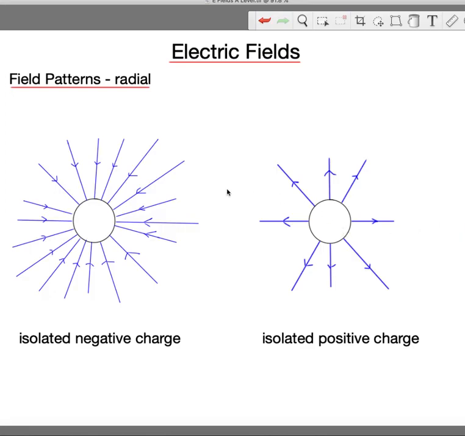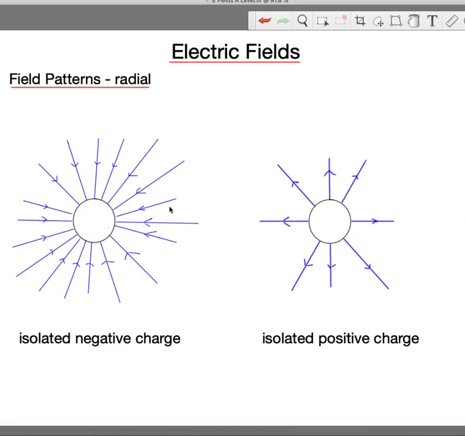So the field diagram for an isolated negative charge is just the same as the field diagram for a mass in a gravitational field. But we have this positive charge where the field lines are coming out from it. You don't see that in gravitation at all. And I have done a different number of field lines around this just to remind you that the density of the field lines, flux density if you like, indicates the strength of the field.